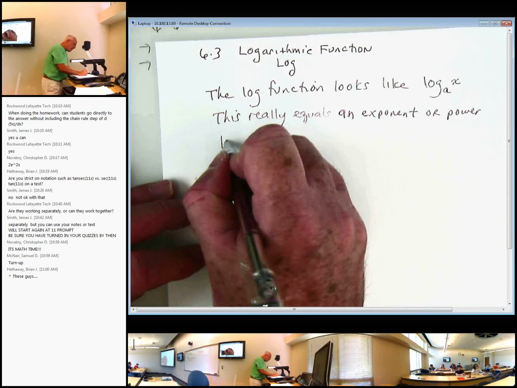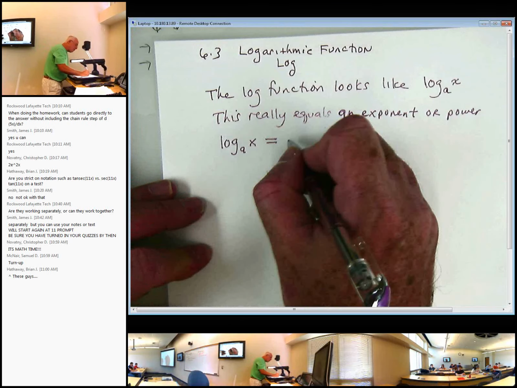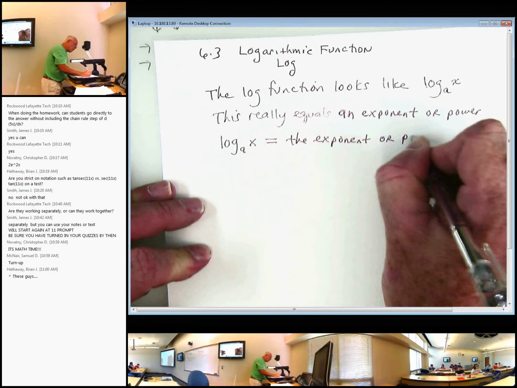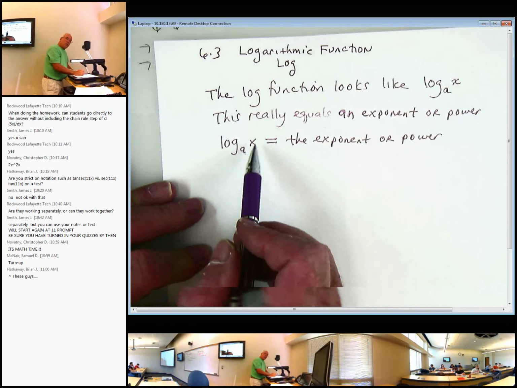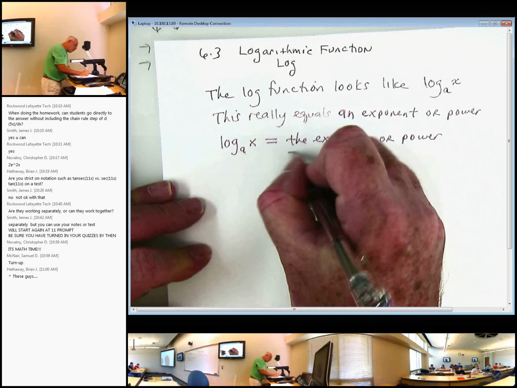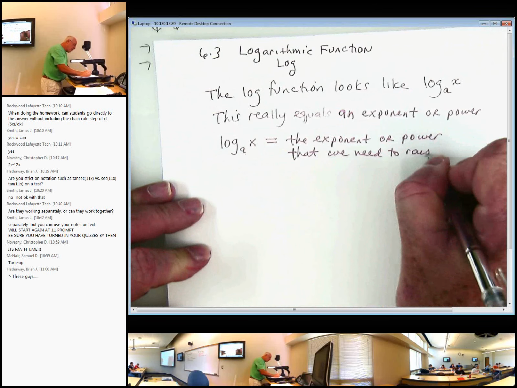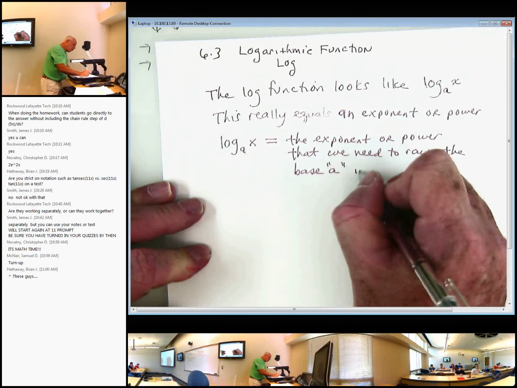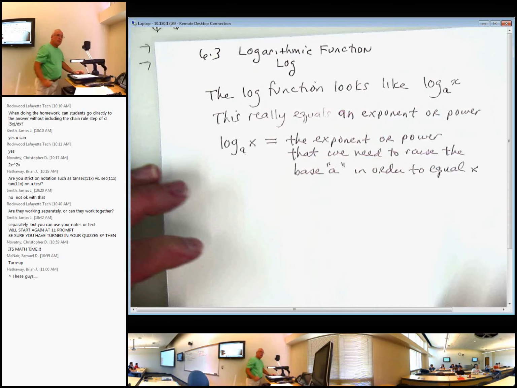The log base a of x equals the exponent or power that we need to raise the base a to in order to equal x. All right, so it is an exponent.